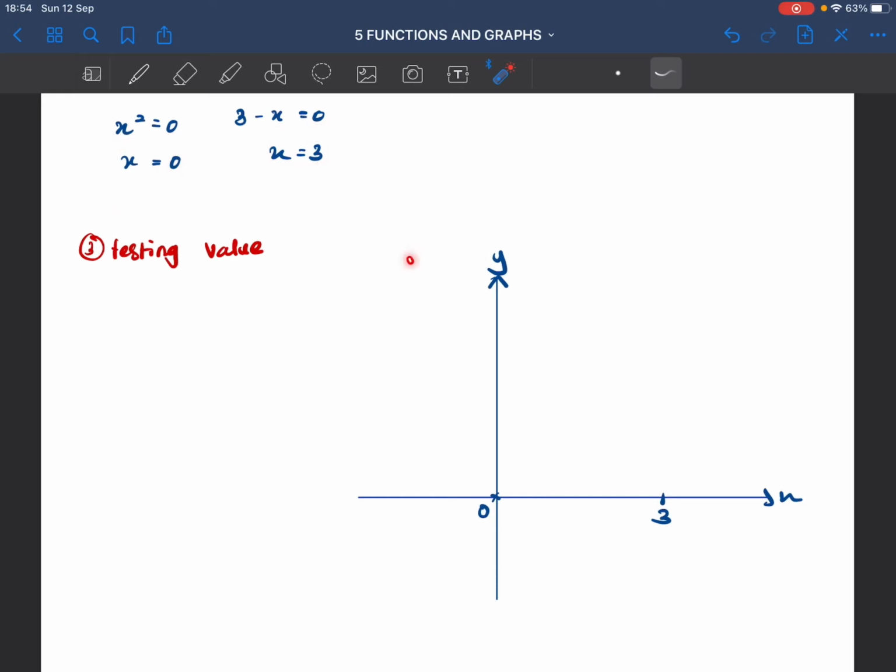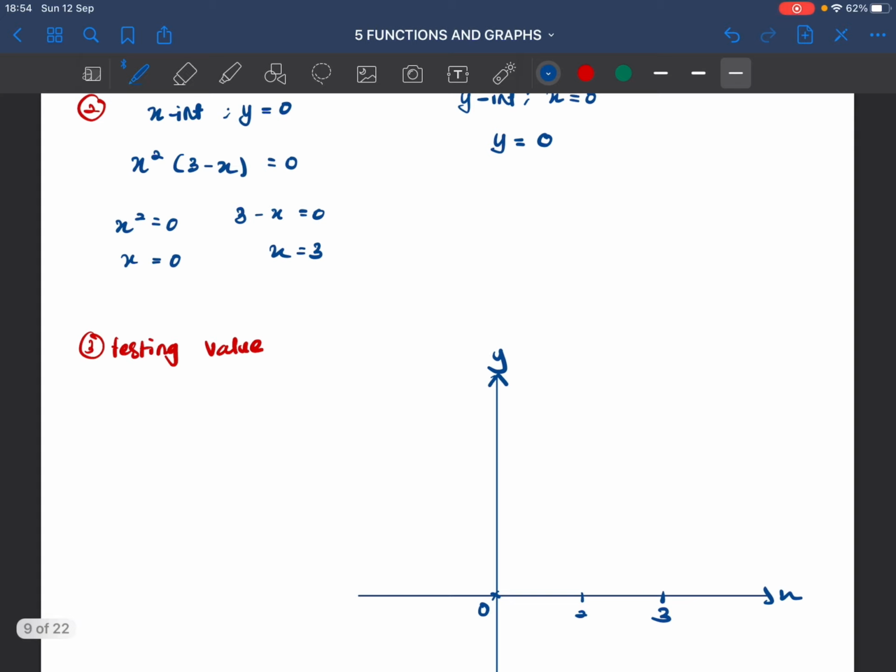So what is going to happen here, this is our x-intercept, it will go up here. Okay, but how far will it go up? We are going to do a testing value. Let's say this is 2. So we are going to find when x equals 2, so our y should be 2 squared (3 minus 2), and that should equal 4.